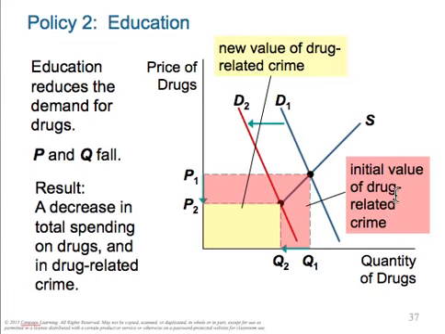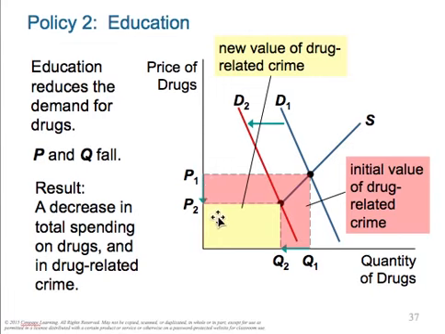We spread more information about the exact consequences of drugs, not only crime, but also health-related. And that decreases the demand. People say, man, I'm really going to try not to get hooked on drugs. That was a lot of scary stuff that can happen. And so demand decreases. You had this original price and quantity here, expenditures on drugs. Now that is reduced down to here. So what happens?